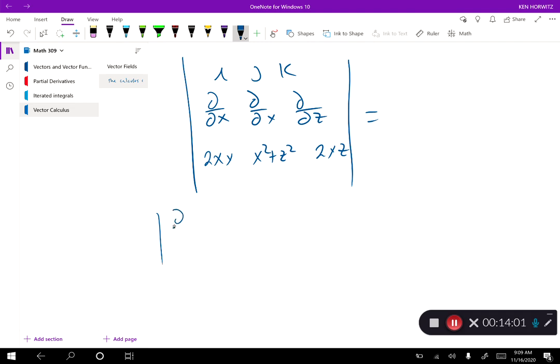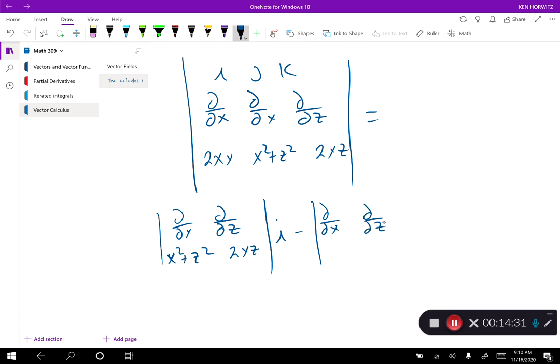And I get my partial of y, my partial with respect to z, x squared plus z squared, and 2yz, i, minus my partial with respect to x, partial with respect to z, 2xy, 2yz j. And remember the sign switch, so it's a plus over here.